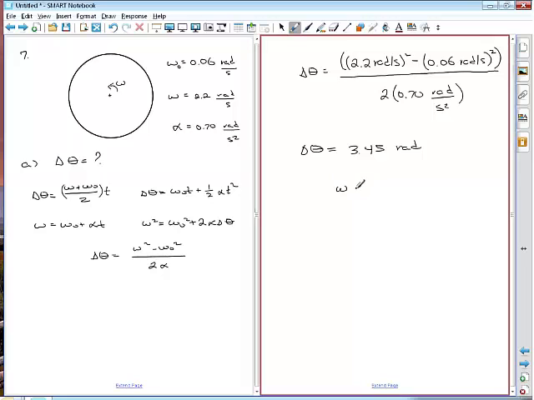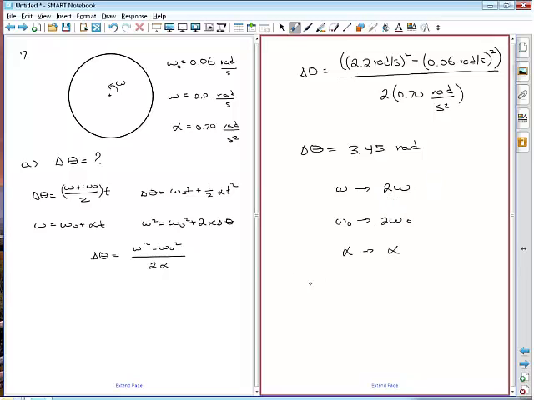Instead of omega, we're going to have 2 omega, and instead of omega 0, we're going to have 2 omega 0. So we're doubling the rotational speed, but alpha is going to stay the same.